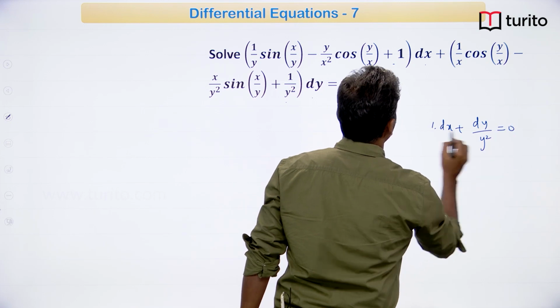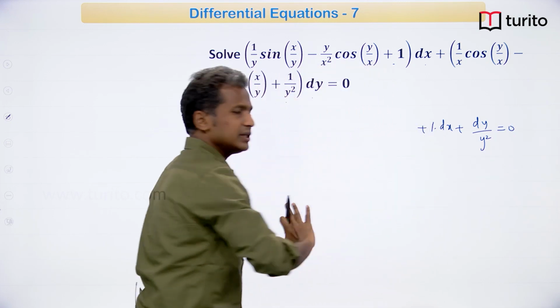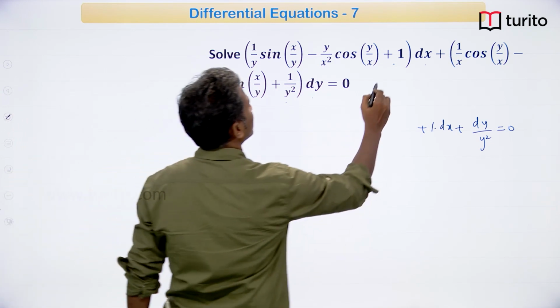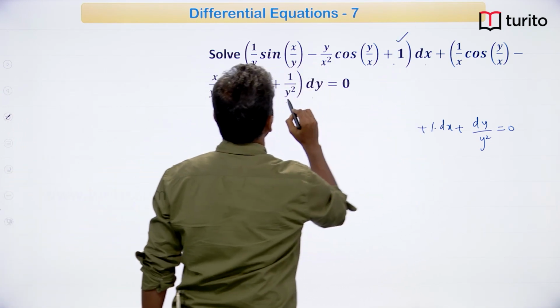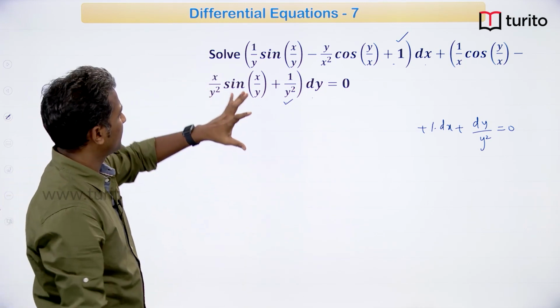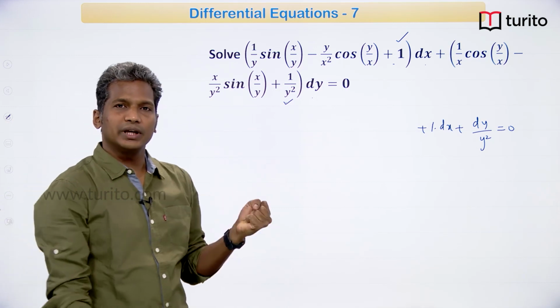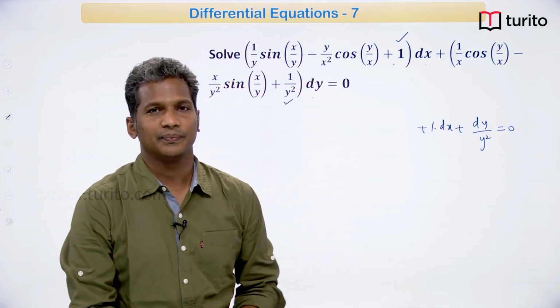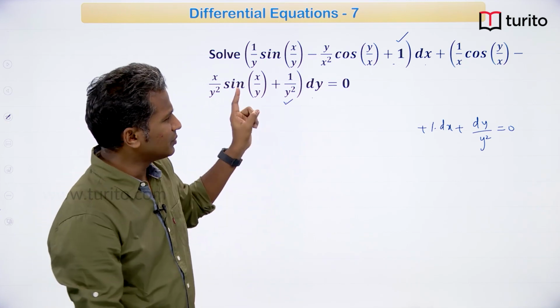These two terms do not have any issue, they are easily integrable. That means we have handled this one, and we have also handled this 1 by y square. Now let us look at the other terms. Other terms involve y by x in some terms and x by y in other terms. See, that is exactly the problem that I discussed here.